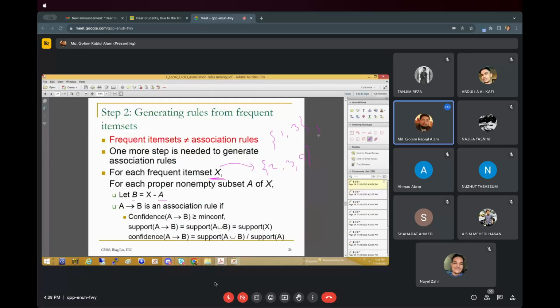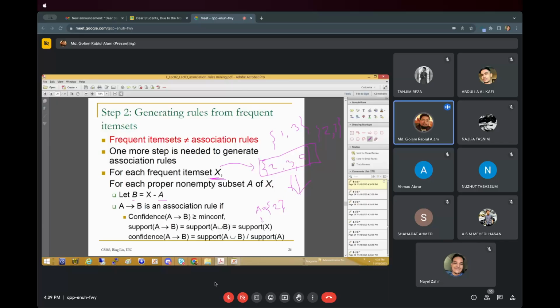Okay, so let's say this is our X. Then for each proper non-empty subset A, we can prepare the non-empty subsets. For example, we can prepare 2. This is a subset, and we can consider this one as A.